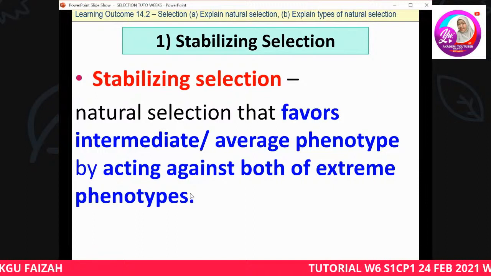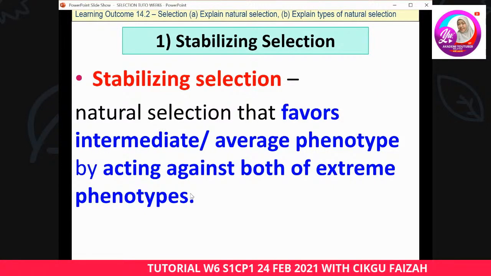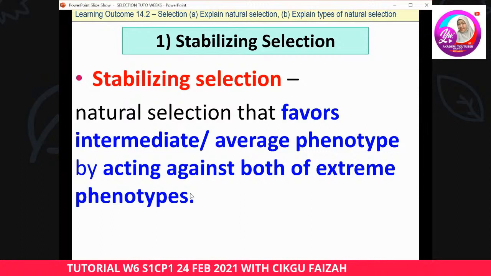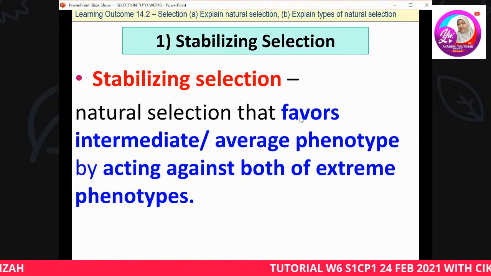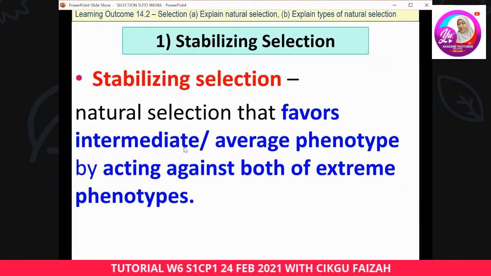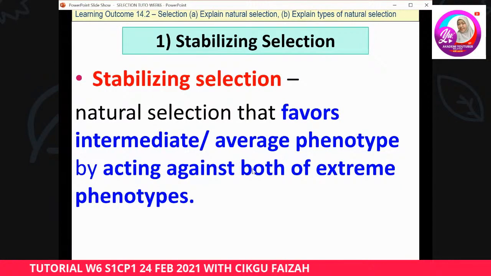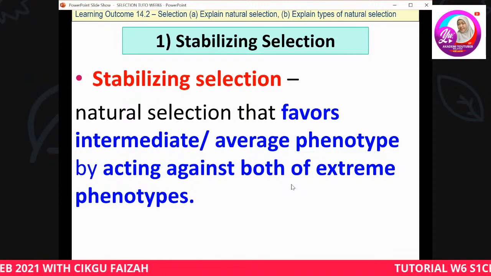So teacher repeats again. Stabilizing selection involves natural selection that favors intermediate or average phenotype. So what does nature not favor? Nature acts against both of the extreme phenotypes.